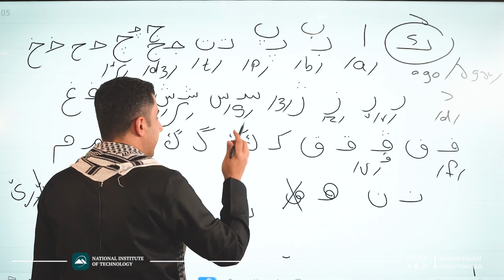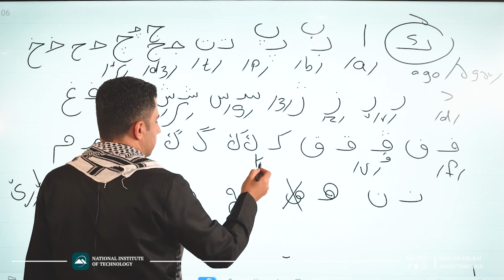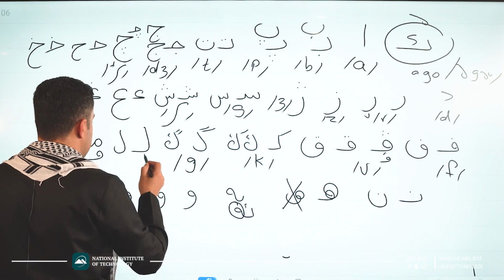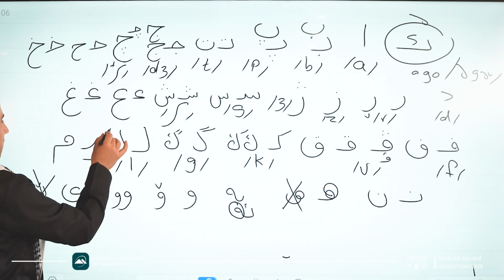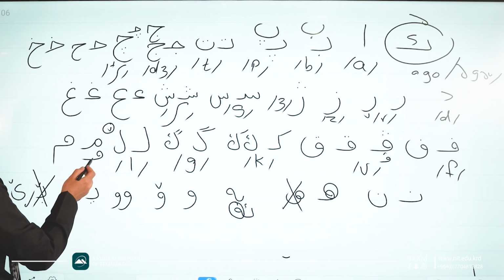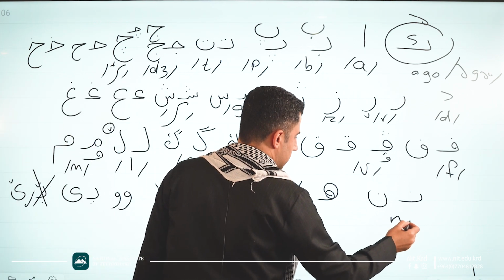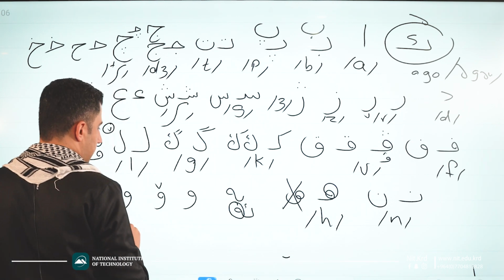K, again, we do not have it, unfortunately. K is here. G, we have it. L, we have it, and also be careful, both l sounds are represented by this one symbol in English. M, yes, we have it. And n, we have it. H, also we have it in English.